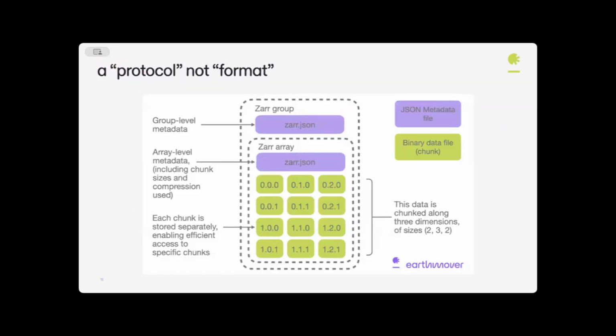So Zarr is not necessarily a data format per se, but it's more of a specification or protocol. At its core, Zarr stores data in chunks, which are binary files, and these chunks are compressed to save space. And then the entire data set is organized in a hierarchical directory structure with simple metadata JSON files at each level.